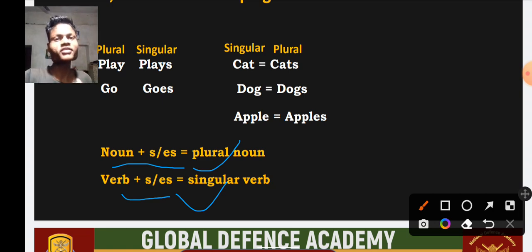And when we add s or es to any noun, a noun could be mango, pen, classroom, etc., then it turns into a plural subject. And this is the fundamental concept of subject verb agreement.